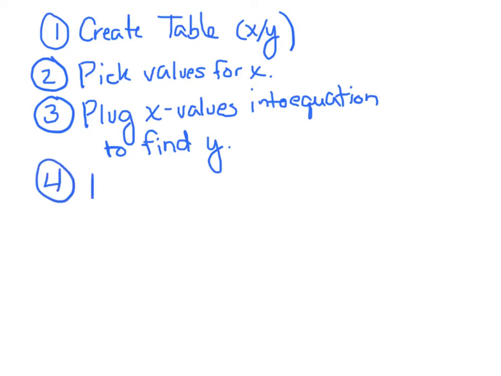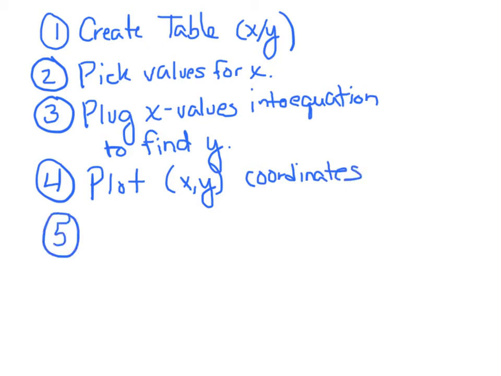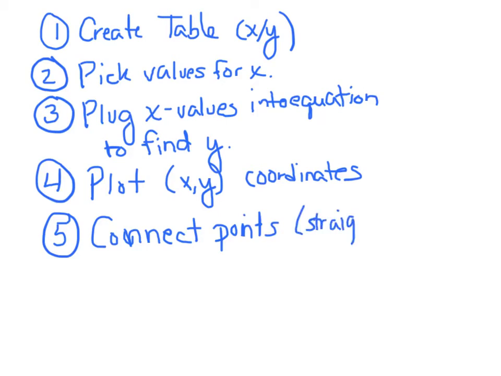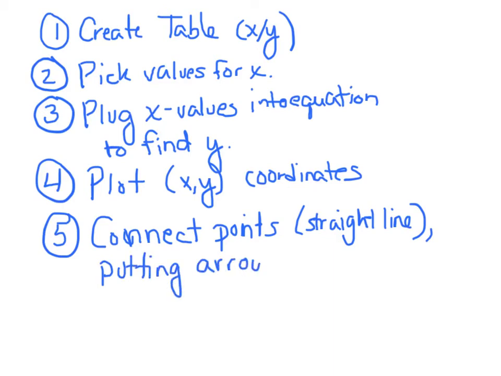The fourth step is to plot the xy coordinates. And then the fifth step is to connect the points. Should we form a straight line? At least at this step of the game. And you want to make sure you put an arrow at either end. And so we have our steps.